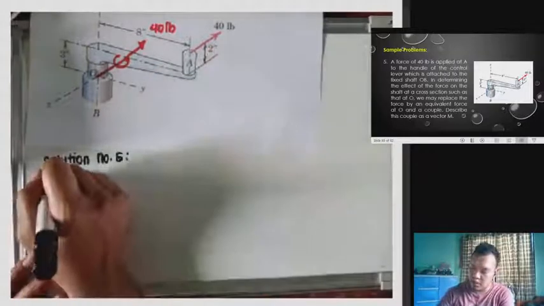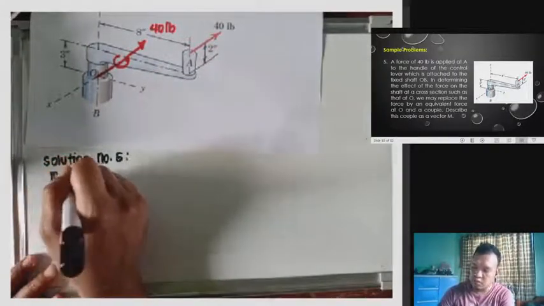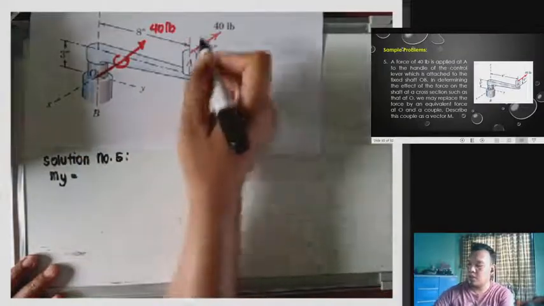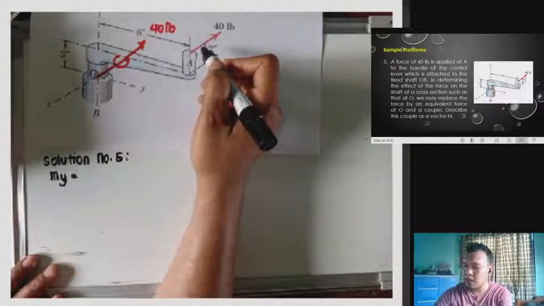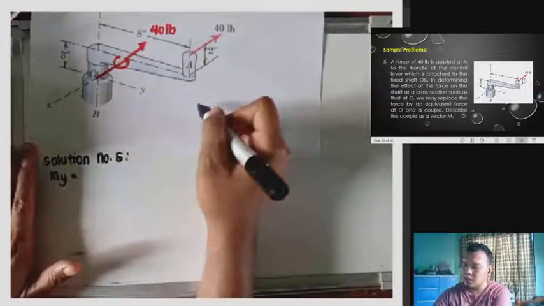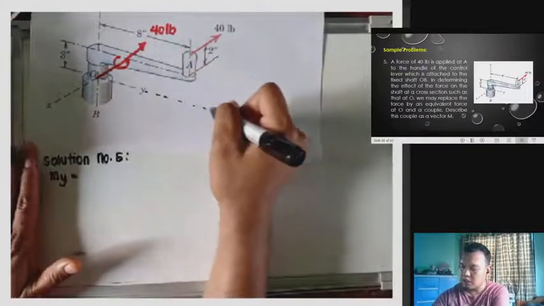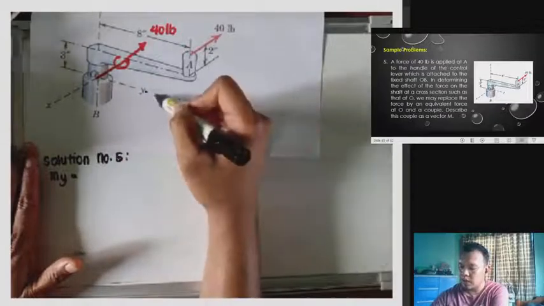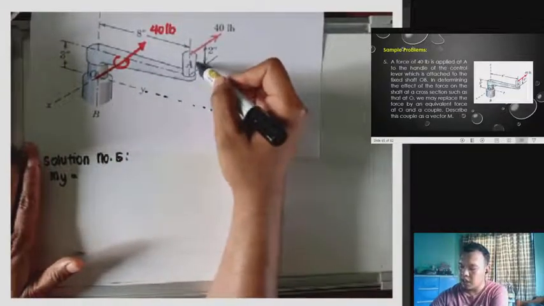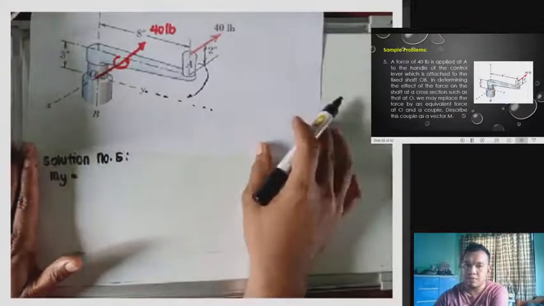Okay, let's solve the moment about the y-axis. We have here My is equivalent to the force, which we will rotate about the y-axis. So this is our y-axis. Is this the correct motion for it to go to point O about the y-axis?